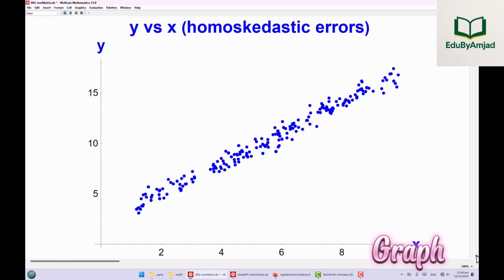This is the scatter graph of y homo versus x. Here, the error variance remains constant as x increases. So, the spread of observations stays roughly the same throughout. As we move away from the origin toward the right, the width of the data points remains constant.